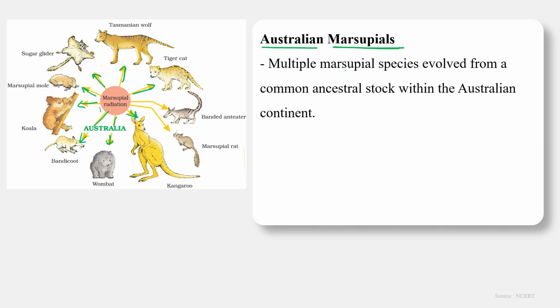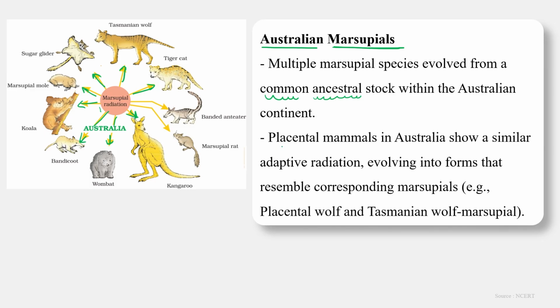So multiple marsupial species evolved from a common ancestral stock within the Australian continent. Similarly, placental mammals present in Australia show similar adaptive radiation, evolving in forms that resemble the corresponding marsupials.